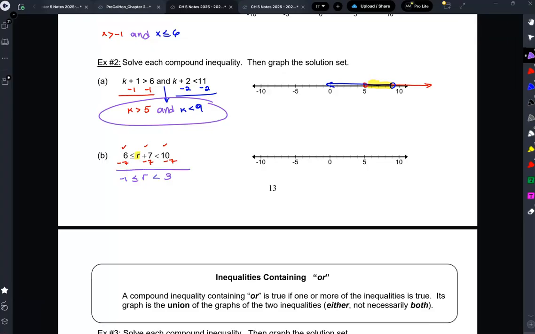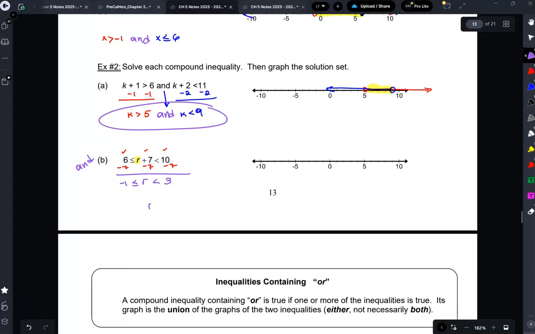Okay? So now, how do we graph this? Now, this is an and. If it's an and, we need the overlap. So here, this is going to be r is less than 3 and r is greater than or equal to negative 1.